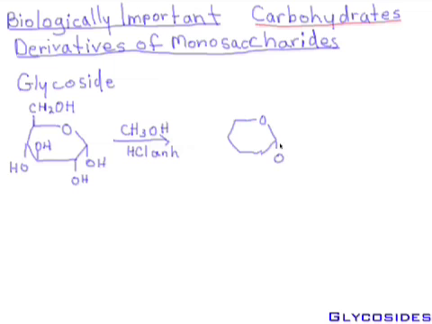Now, in actual fact, although I'm drawing it alpha, just so I can name it, you would get a mixture of alpha and beta in this reaction. Enzymatic reactions can often retain stereochemistry. So if there was some enzymatic process producing a glycoside, you may get one specific anomer.